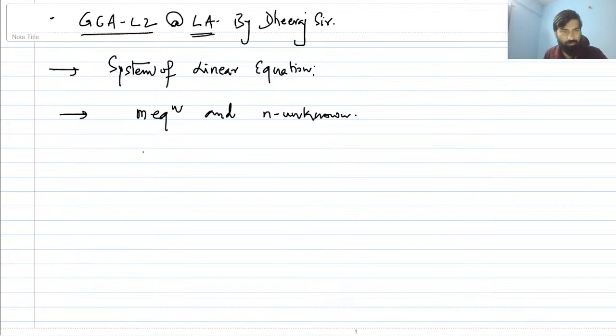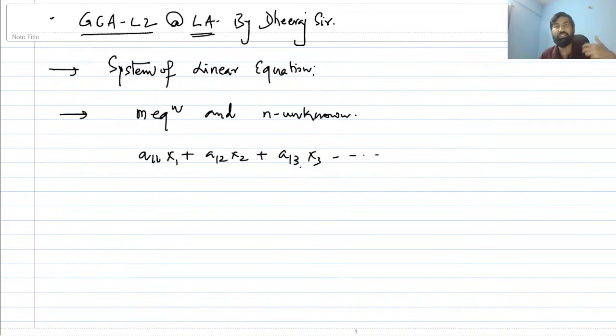I'm going to write the coefficients in this format: a11 x1, a12 x2, and a13 x3, and so on. Here m equations are there, it means we have to take m number of rows and n number of columns. So this 3 and 3 should match, it means it should be equal to n.